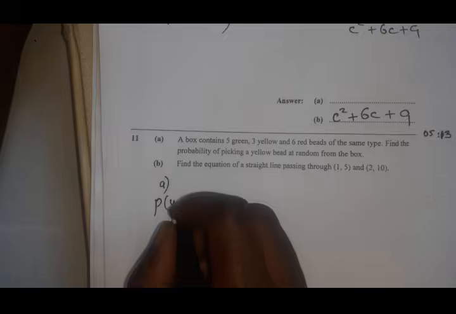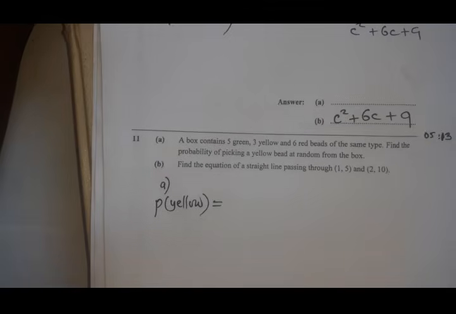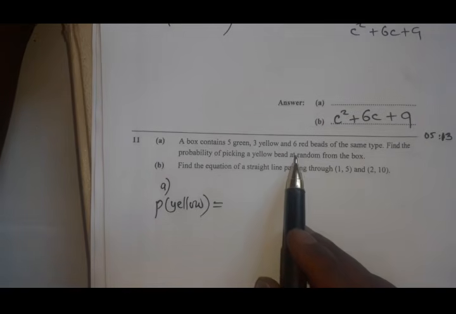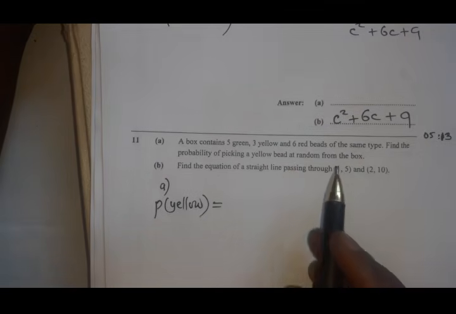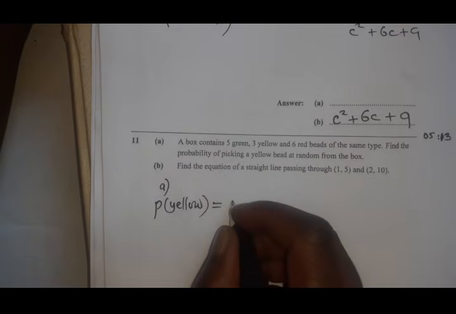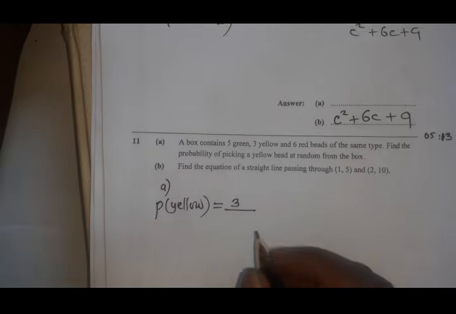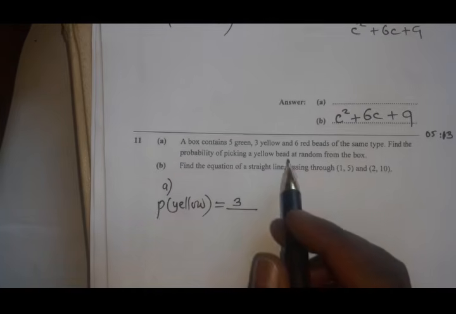So the probability of picking a yellow bead is equal to the number of yellow beads in the box, which is 3, over the total number of beads in the box.